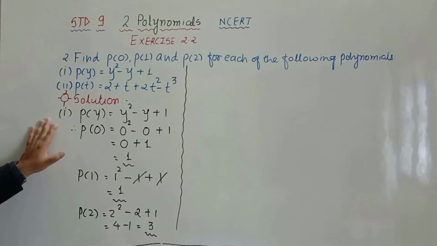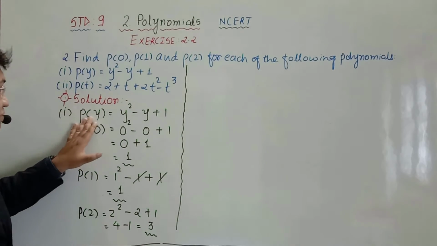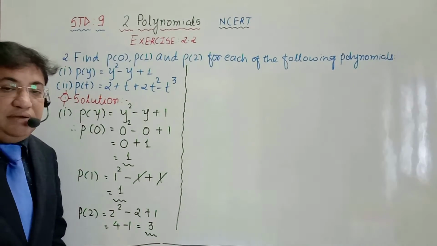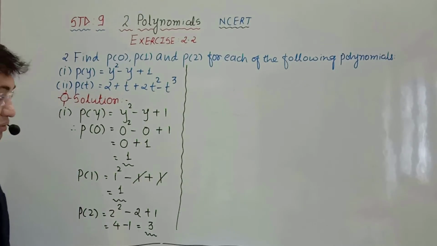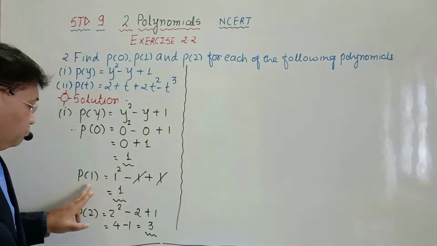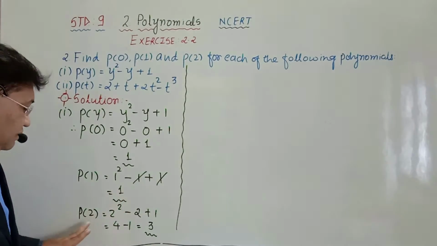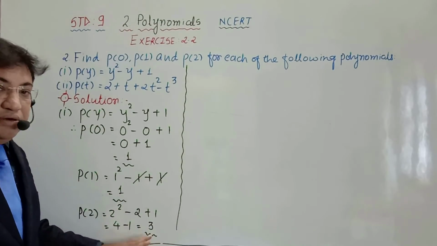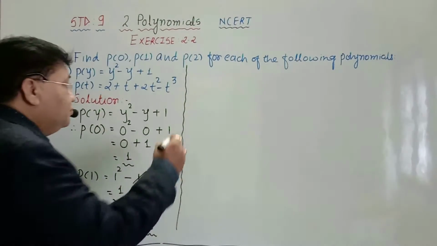So in question number 1, P(y) is equal to y square minus y plus 1 is given. Here we got P0 equals 1, P1 equals 1 and P2 equals 3. Now we see question number 2.